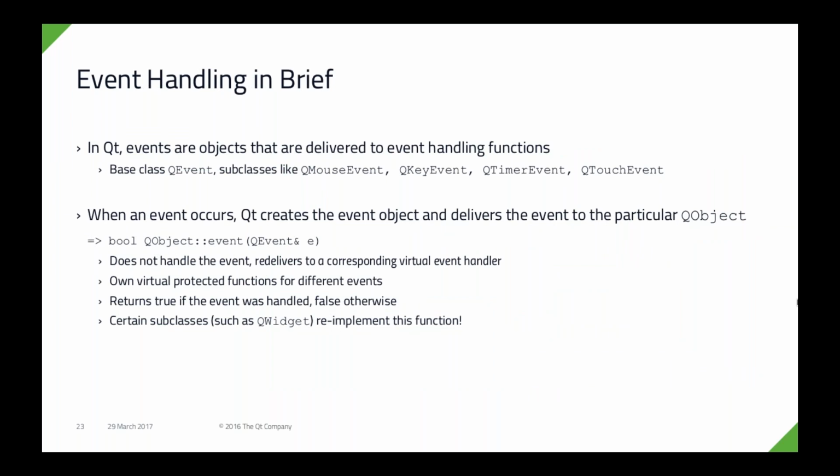So QObjects' event handling in Qt, events themselves are objects and they're passed on to the QObject event handling functions. The base class of all of these is QEvent, and this has subclasses like mouse event and key event, timer event, etc. Each QObject itself has an event handling function, so the QObject event function is called with the event, and this will then pass it on, depending on what event type it is, to the corresponding event handler, the virtual event handler.